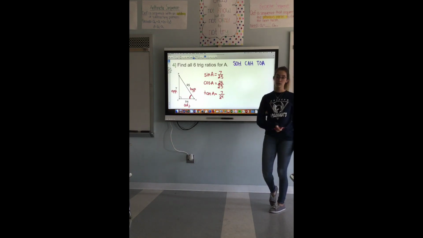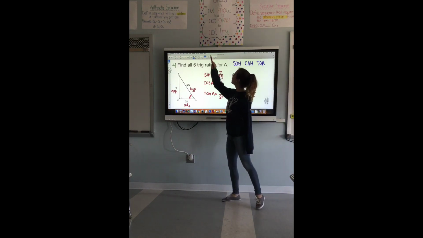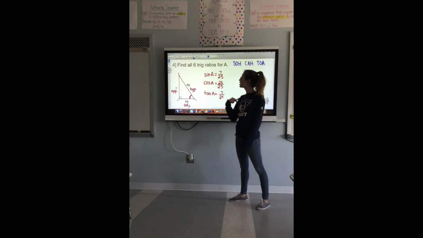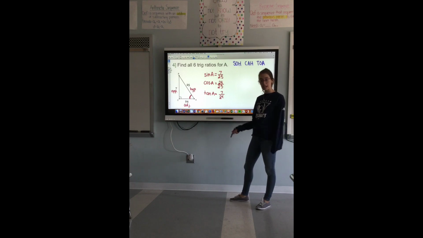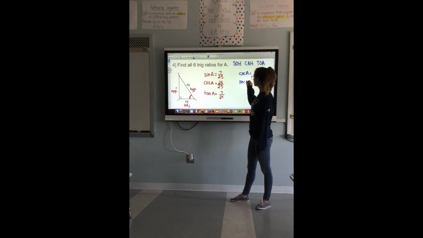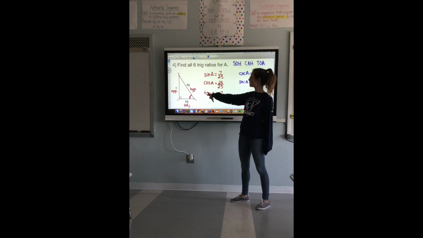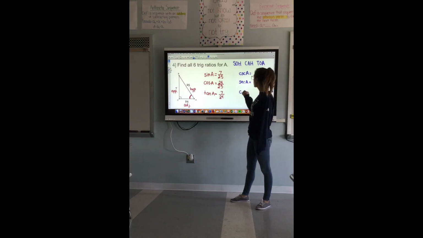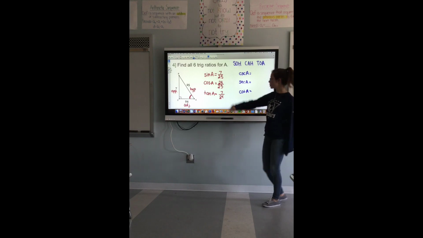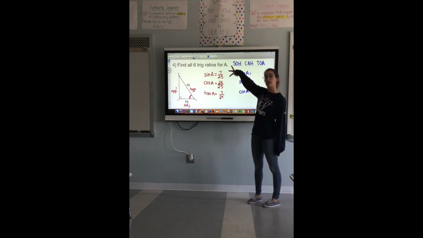Now the other 3 ratios come from the reciprocal ones. So the reciprocal of sine A was cosecant of A, of cosine was secant, and the reciprocal of tangent is cotangent. Now to find those ratios, you're just flipping that fraction.